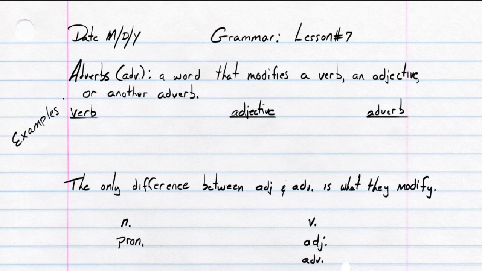As usual, the best way to explain how this works is through some examples. So let me give you some example sentences here, one for each of the ways that an adverb can modify. So let's look first underneath verb. Please write this down. Tom sat quietly.